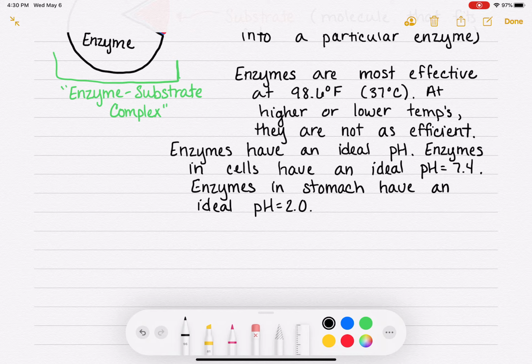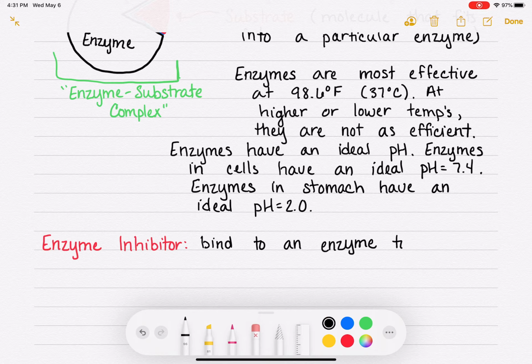Now there's one other thing that we're going to talk about, which is called an enzyme inhibitor. An enzyme inhibitor is something that can bind to an enzyme in its pocket or somewhere else on the enzyme.